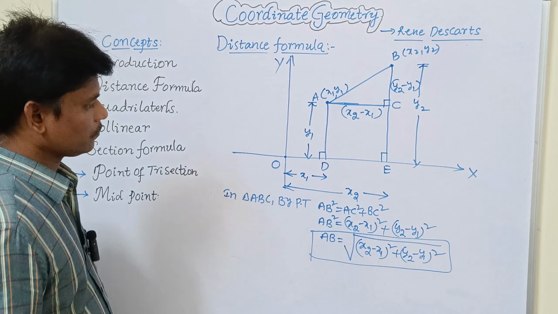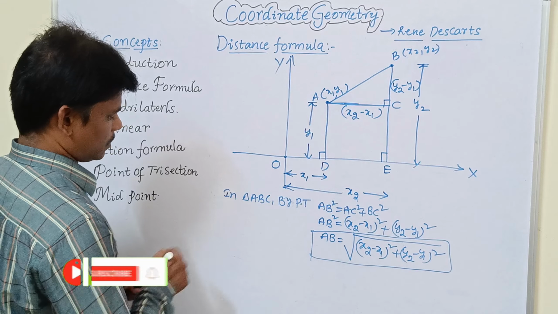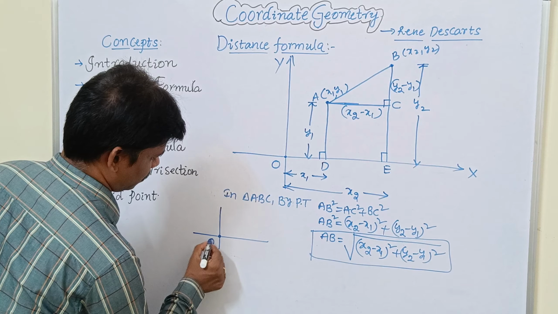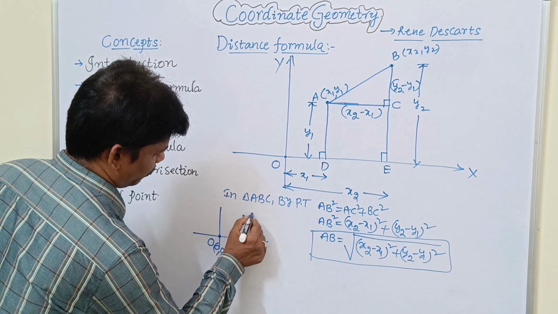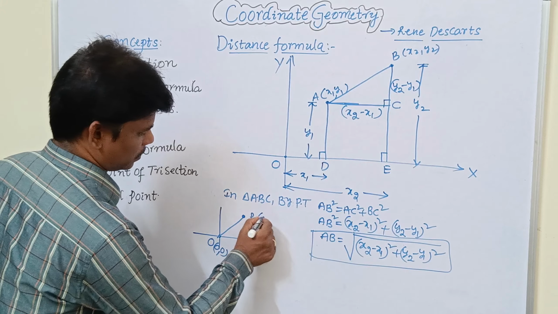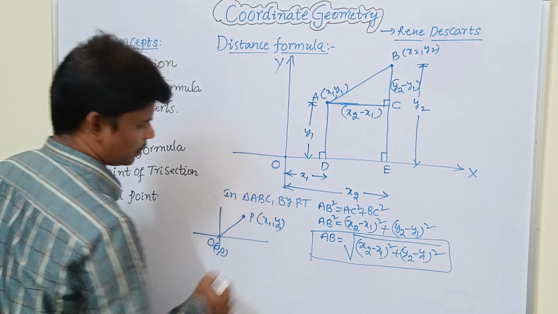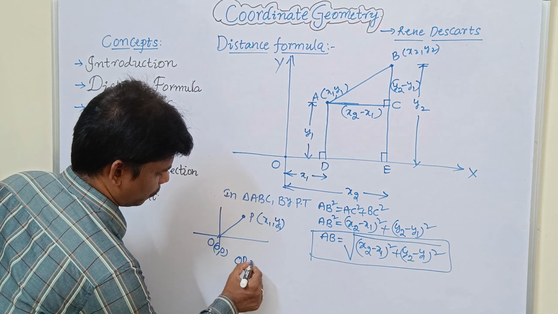Suppose we want the distance from the origin to any point. Take the origin O and any point P, considered as (x, y). How to find the OP distance, origin to point?